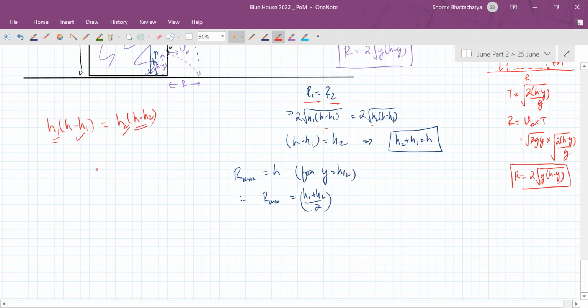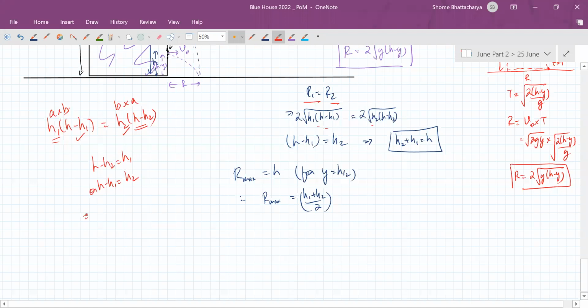Okay. So H minus H2 is equal to H1, which is the same thing as saying that H minus H1 is equal to H2. So the product of these two is equal to the product of these two. You understand? So if this is equal to A and this is equal to B, here this is B into A.